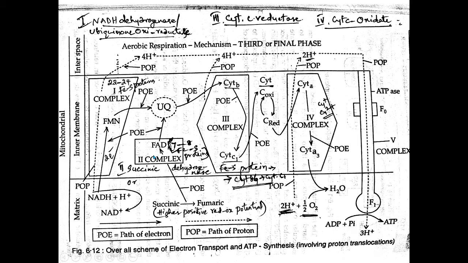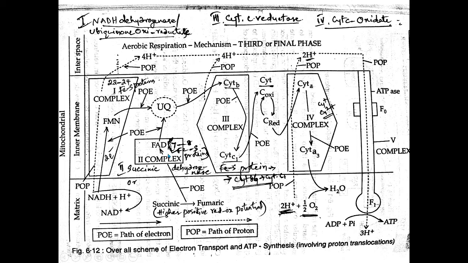Cytosolic NADH, that is the NADH formed during glycolysis, also enters through complex 2. It won't enter through complex 1. So those two NADH formed during glycolysis also enter through complex 2, and here also only 6 protons enter into the intermembranal space.